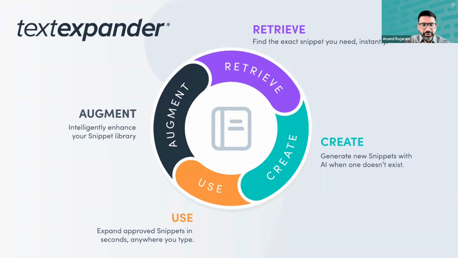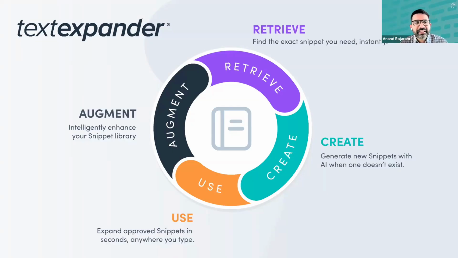So you create your snippet. We view this as a flywheel where you go to retrieve your snippet, and if there is not a snippet available for you to use, we want to help you create that snippet. Once you've created that snippet, that's great. Now you have a new snippet in your library, but it doesn't stop there, right?